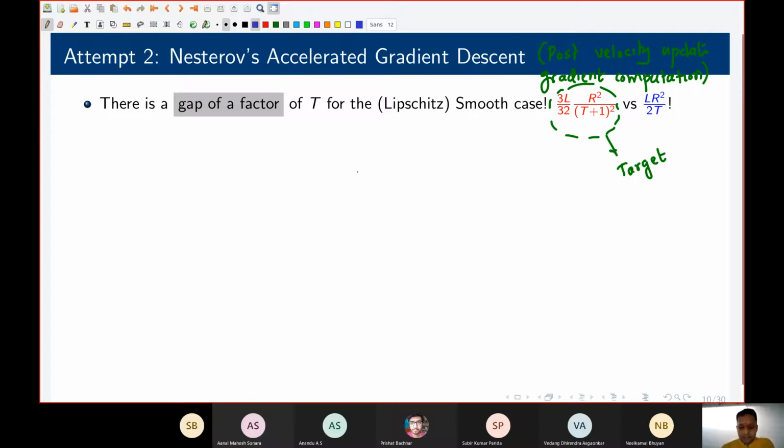But let me show how this fixes it, right? So the fix goal, at least in theory, this gap is fixed. But let's quickly see how that gap is fixed.